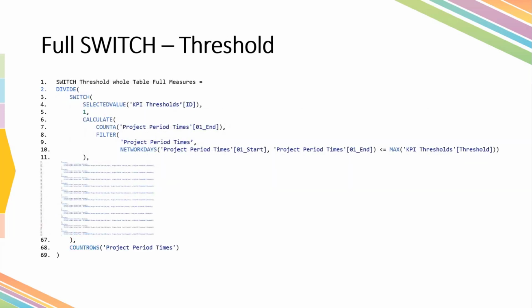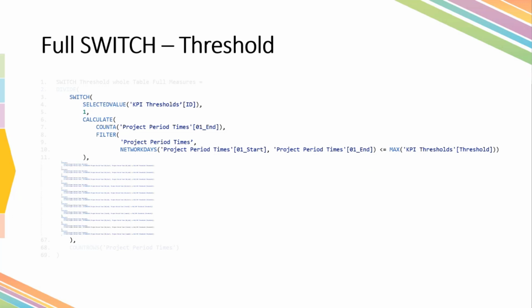Then the next thing would be the threshold measure. In this case, I first have a divide statement. So I divide a switch measure by the total number of rows in the table. The switch measure in this case is what I also showed a bit earlier.